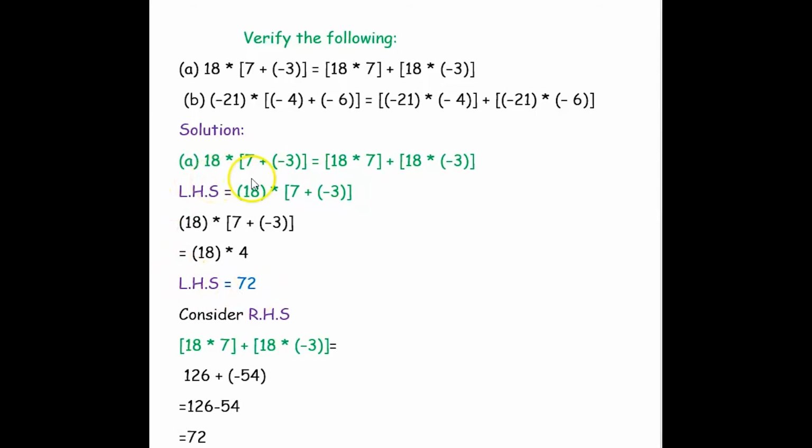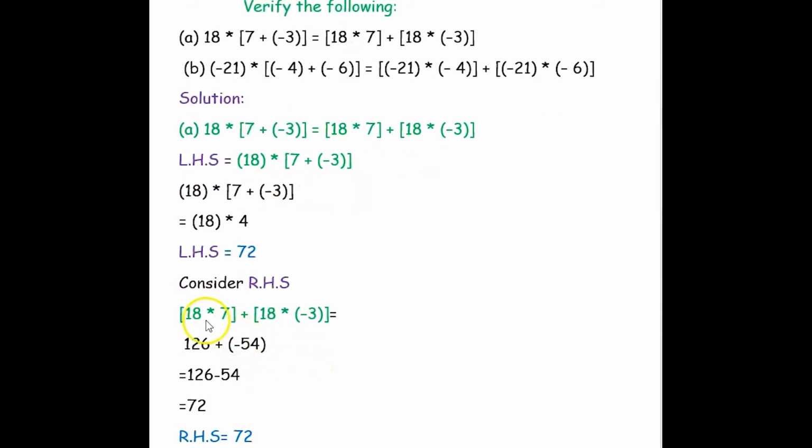18 into 7 plus negative 3 equal to 18 into 7 plus 18 into negative 3. First let's take our left hand side, that is 18 into 7 plus negative 3. First we take the number in the parenthesis. 7 plus negative 3, plus and negative becomes minus, so 7 minus 3 is 4. So 18 into 4 is 72. That is our left hand side. Now take the right hand side, that is 18 into 7 plus 18 into negative 3. 18 into 7 is 126, plus 18 into negative 3 is negative 54.